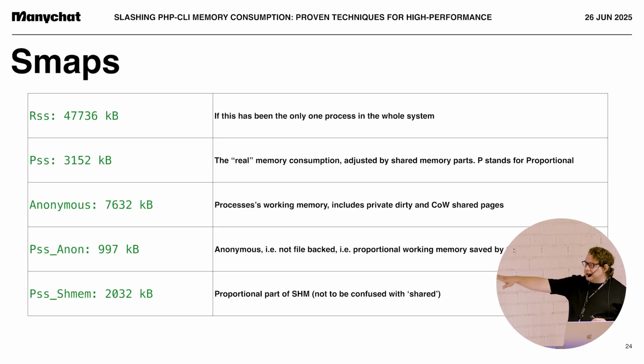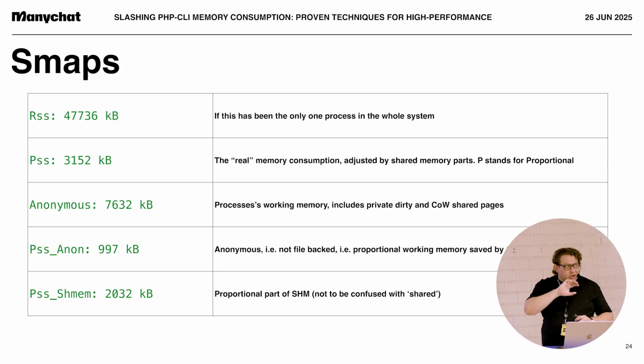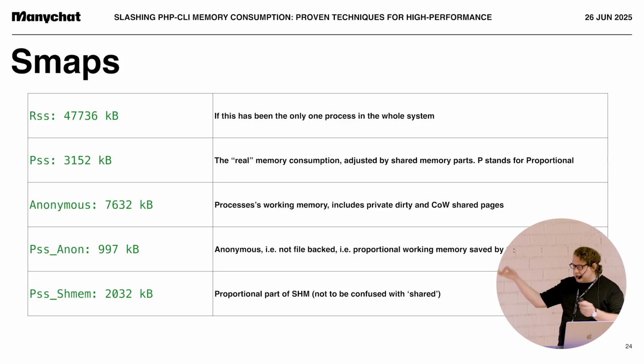So the resident memory, 47 megabytes, is the memory size of the process if it was the only process running in Linux. PSS is the proportional memory part, so the actual memory used by the worker, because it shares lots of parts of memory, including opcache and copy on write.